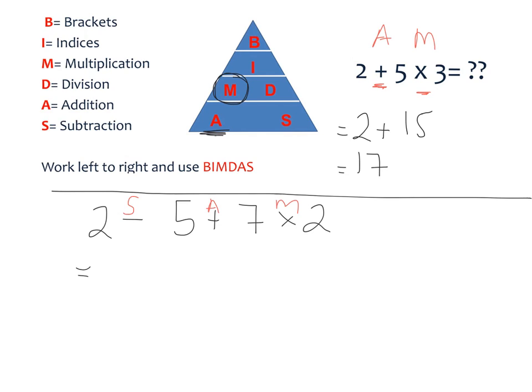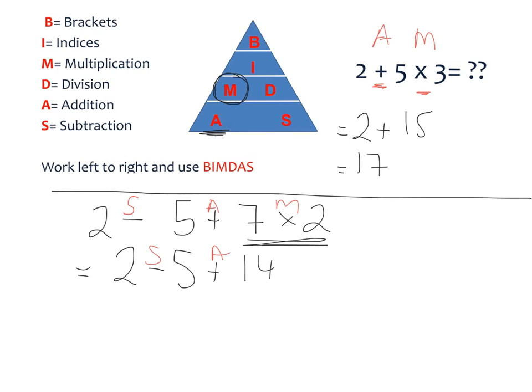So rewrite anything that doesn't get taken care of in this question. So we've got 2 minus 5 plus, but we're going to take care of this multiplication. So 7 multiplied by 2 gives me 14. Again, let's label everything that needs to be taken care of at this part of the question. So we've got subtraction and addition. Now, looking at our BIMDAS triangle, you might say, okay, I need to do the subtraction next.